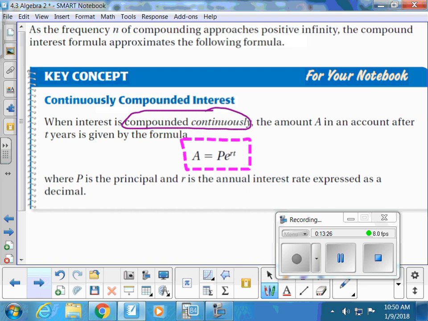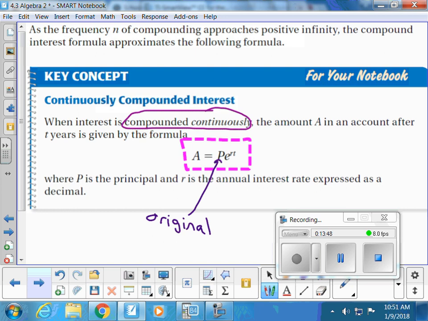So go ahead and write it down. The A is going to be your total amount of money. I think I just used a Y when I put it up on the board. Your P is going to be that original investment again. It's called a principal amount of money, which is why they use P sometimes. Sometimes I use A for a starting amount. E is that button on the calculator, so it's not really a variable.